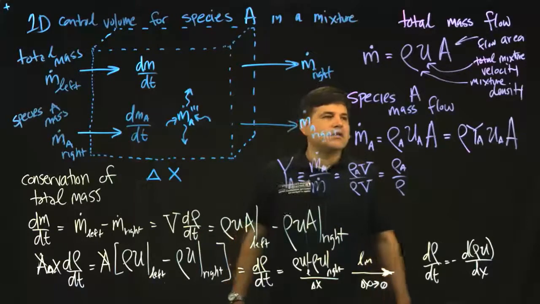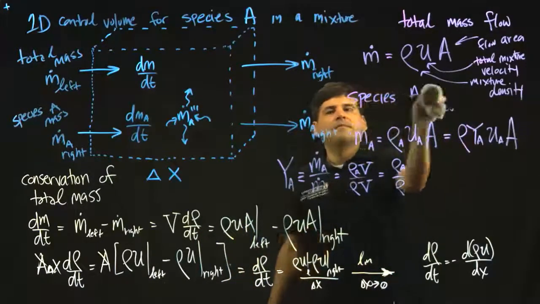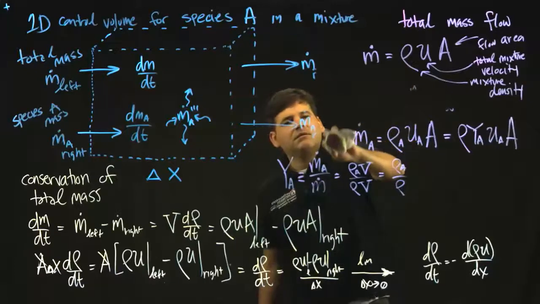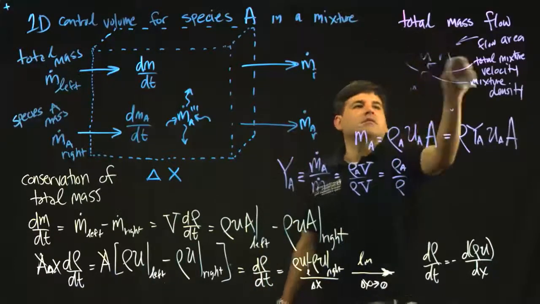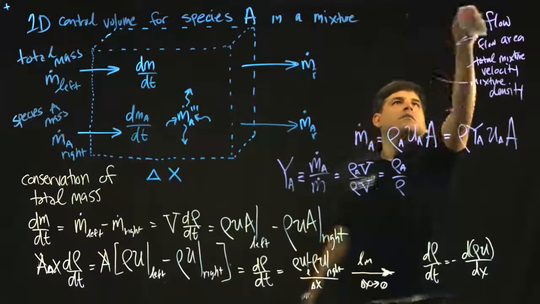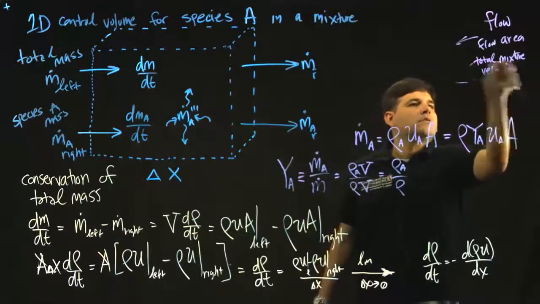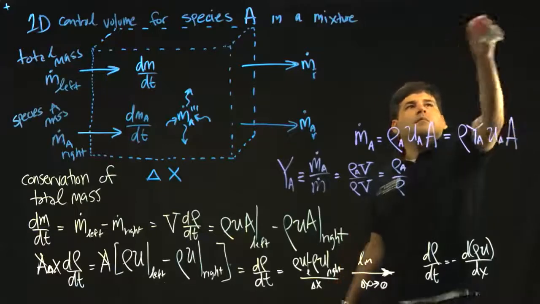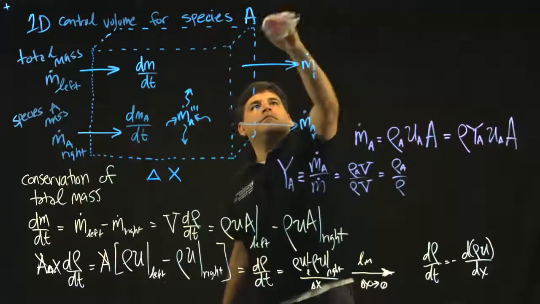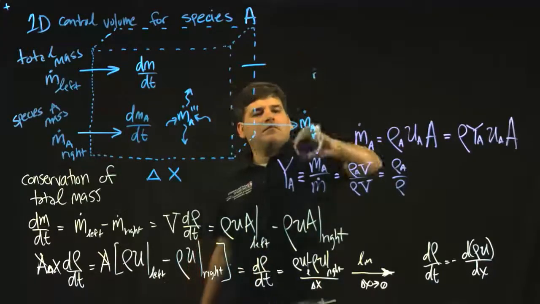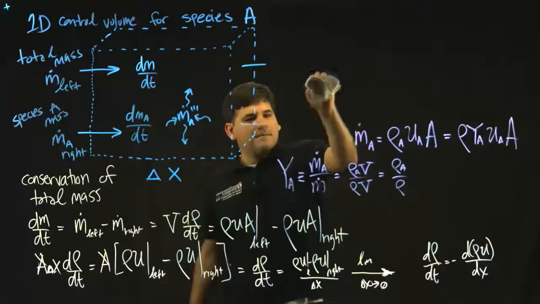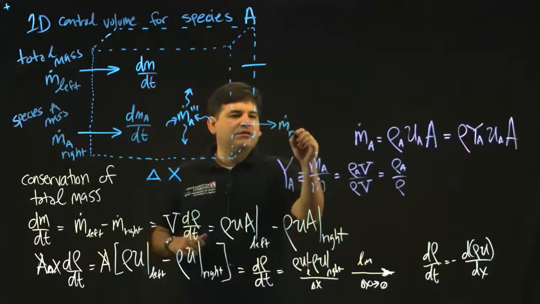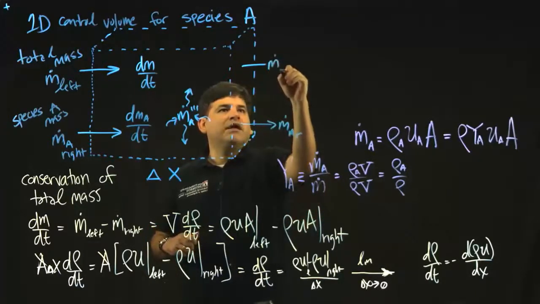Now let's start here with the individual species. So each individual species has this mass coming out, and the total mass, we used this already.